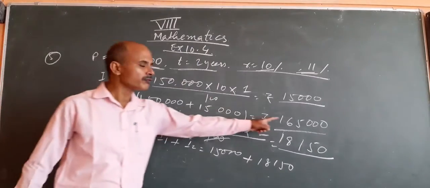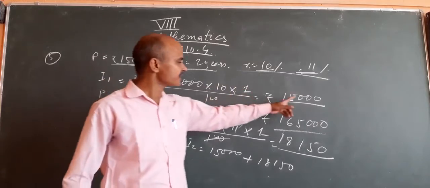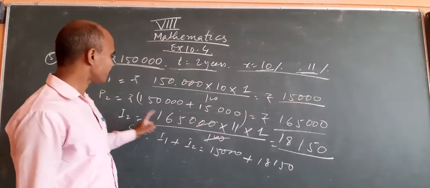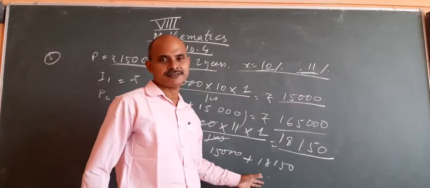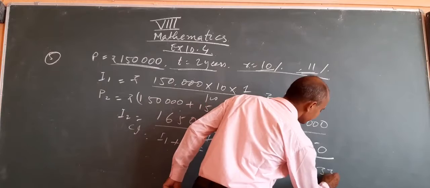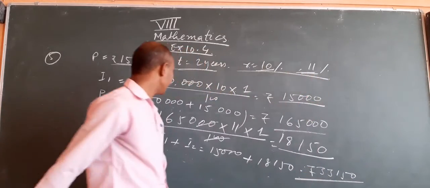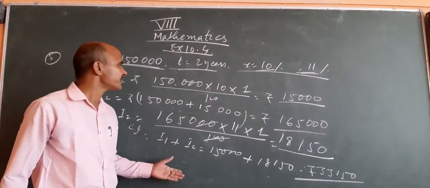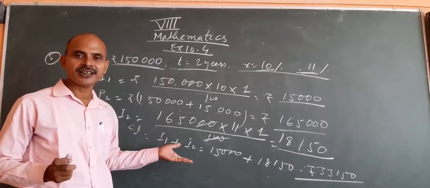Please keep in mind, interest for the first year is this one and interest for the second year is this one. These two interests we have to add. 15 plus 18 gives 33,150. This is the compound interest over the period of 2 years. This is one way.